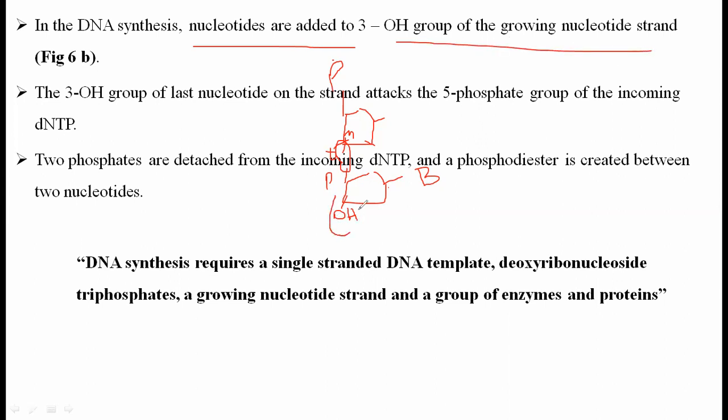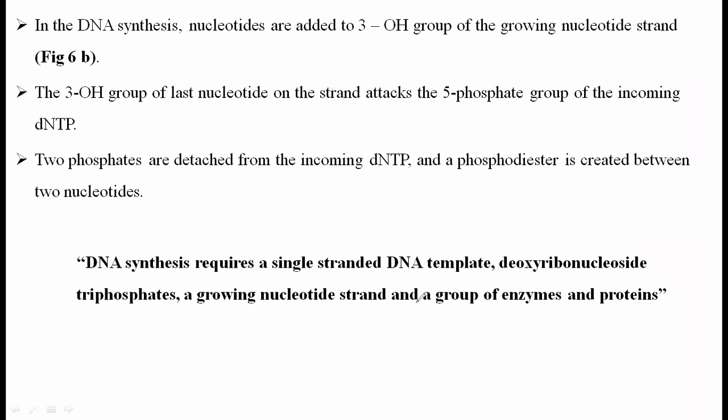If there is no 3-OH group, nucleotide will not get added. Okay. Now this is very clear. And the bond between the phosphate of one and the 3-OH group of the another is phosphodiester bond. I hope this is clear.